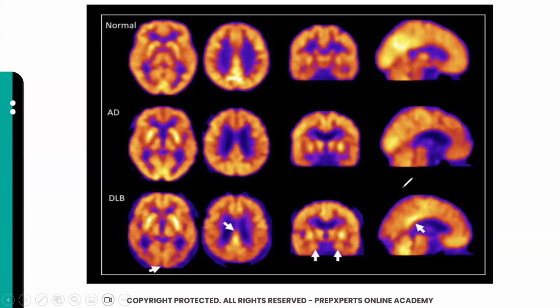So this is how we differentiate that this disease is actually due to occipital lobe involvement, not due to Alzheimer's. This is your cingulate gyrus. There is less uptake here, but in this Lewy body dementia, we can see that the cingulate gyrus is preserved, but there is less uptake in the occipital lobe as compared to here.